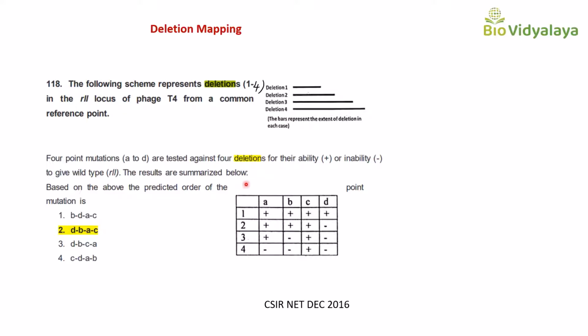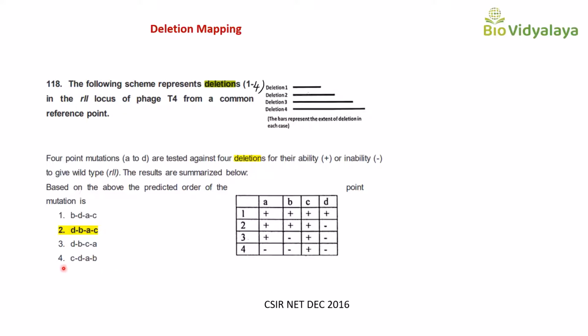The results are summarized below. Based on the above, the predicted order of the point mutations is: option 1 BDAC, option 2 DBAC, option 3 DBCA, option 4 CDAB.